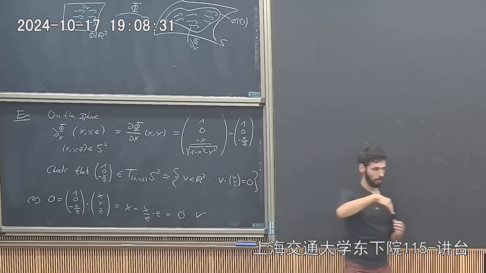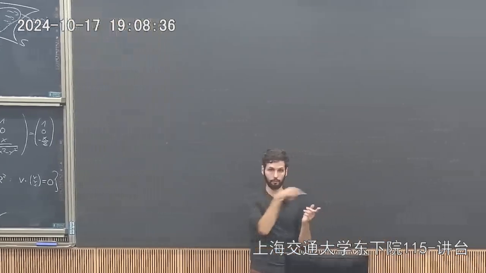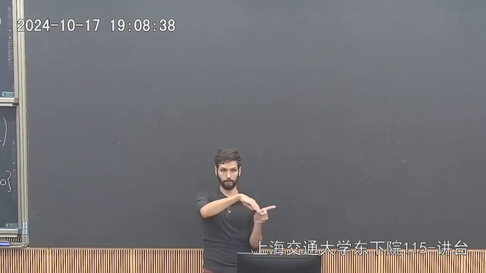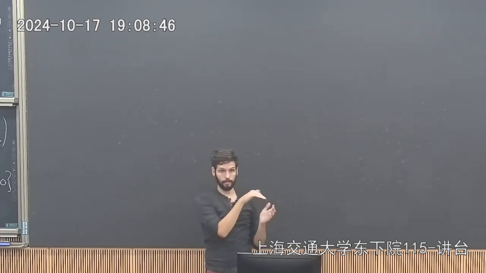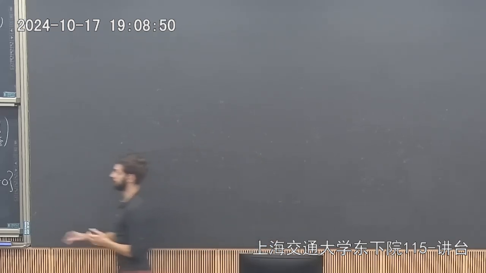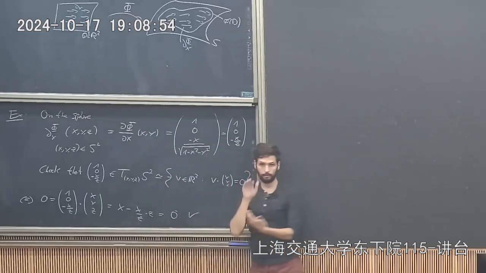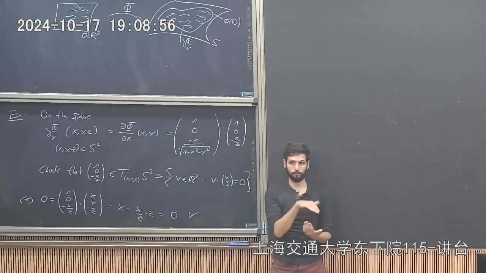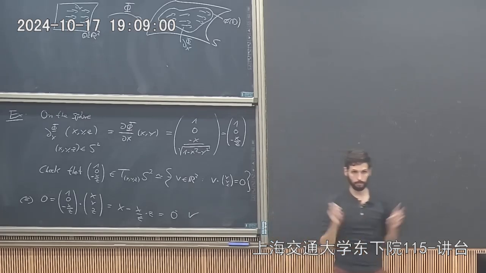If you have the sphere, of course, the vector field that just points in the x direction points outwards of the sphere normally. So you would like to turn that vector that points in the x direction and make it aligned with the surface. That's the job of this phi here: to make sure that we have something pointing along the surface in the x direction. And then just "x direction" doesn't make much sense anymore.